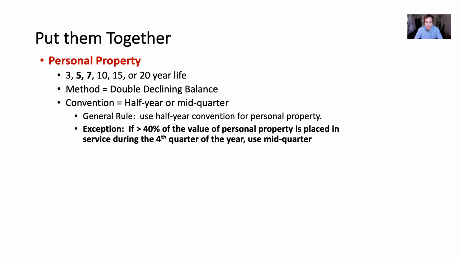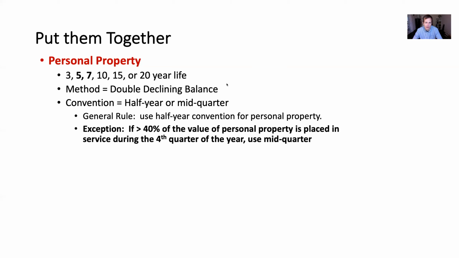So with personal property, most commonly I'll have a 5 or 7 year recovery period. Our problems are always going to have one of these two. And sometimes it could be 3, 10, 15, or 20. The method, we're always going to use double declining balance because taxpayers can, and assuming you have enough income, that's usually best.